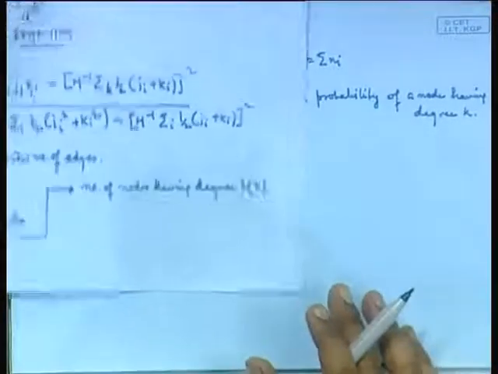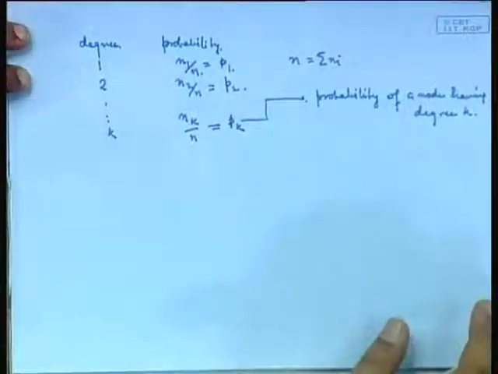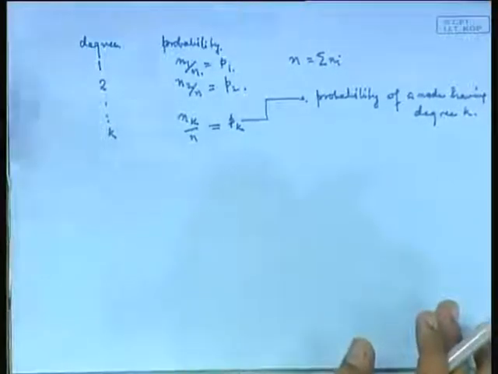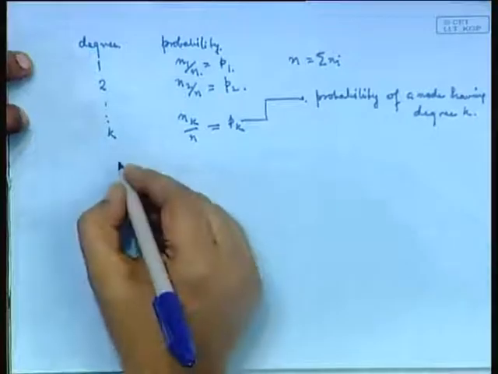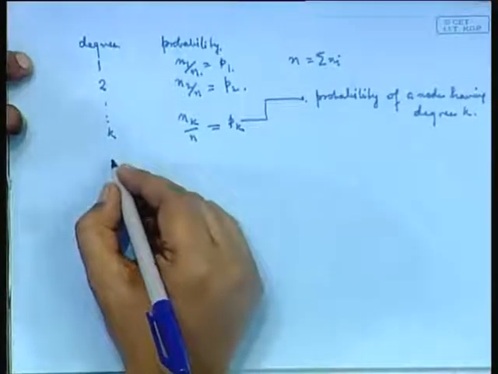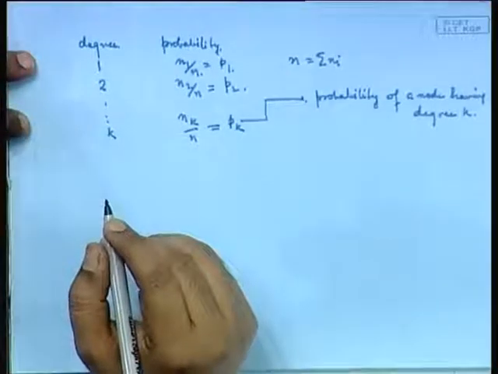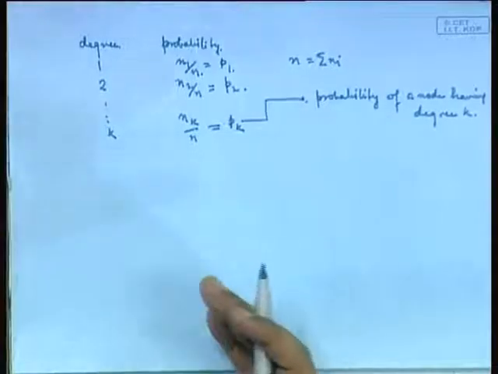Okay. So, next is, what is the importance of degree distribution? It is the easiest way, the simplest way, to characterize a network. So, what is the simplest random network?